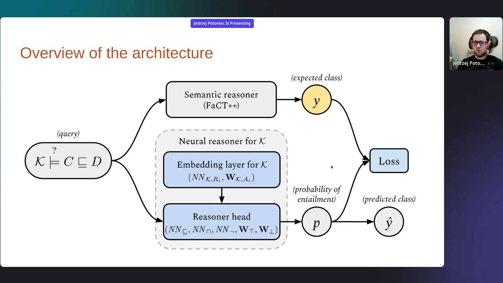Using those labels, we then execute a typical training with computing loss and optimizing weights, etc. So that's the overview. And now let's drill down into the details of the neural reasoner.